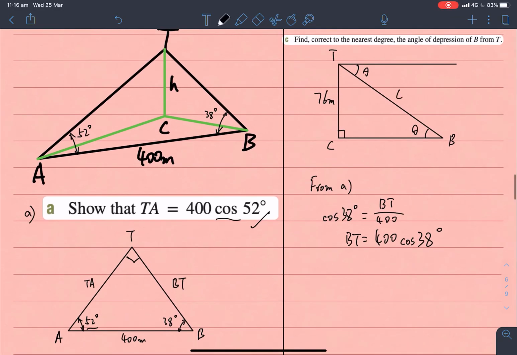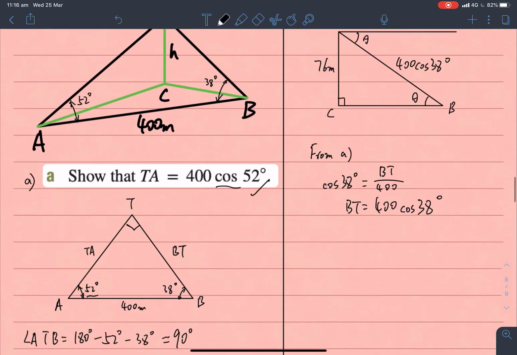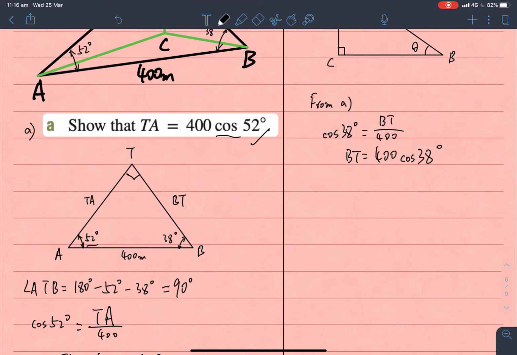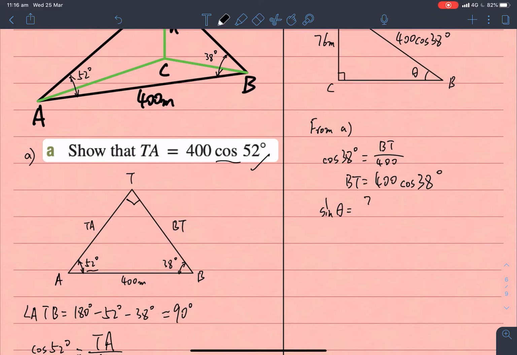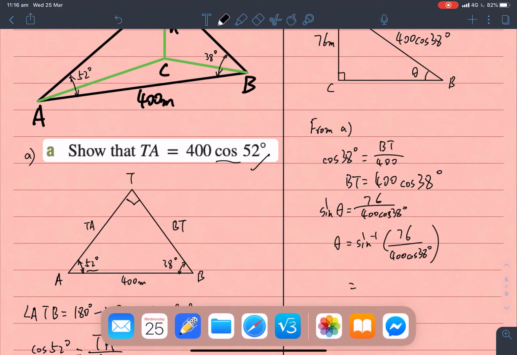Now we have opposite and hypotenuse, so we can use sine theta equals 76 over 400 cos 38 degrees. So we work out inverse sine of 76 over 400 cos 38 degrees. Let me bring out the calculator again.